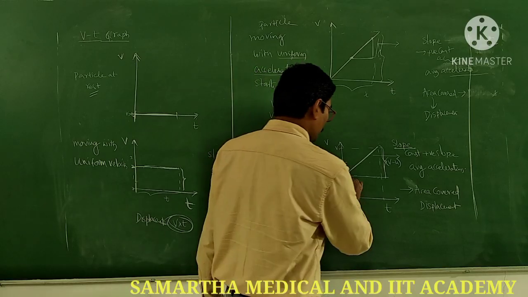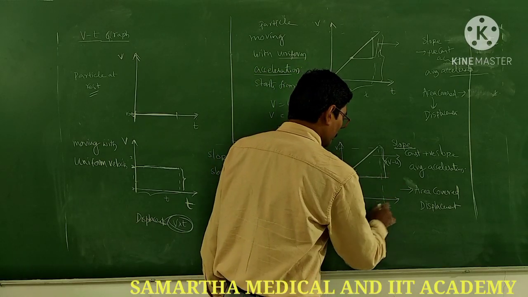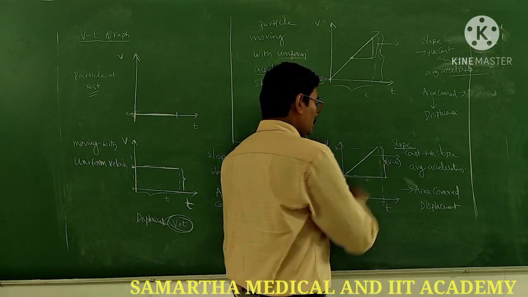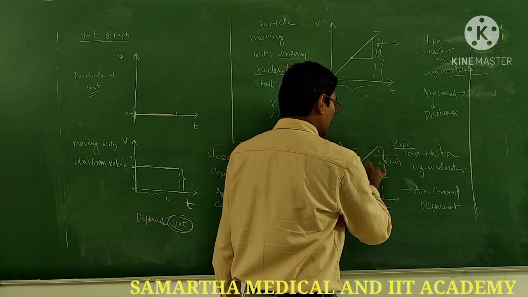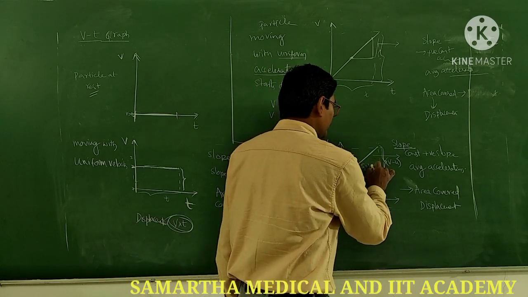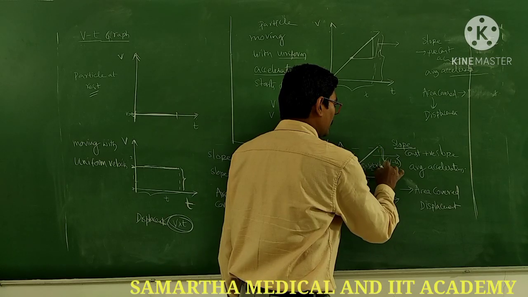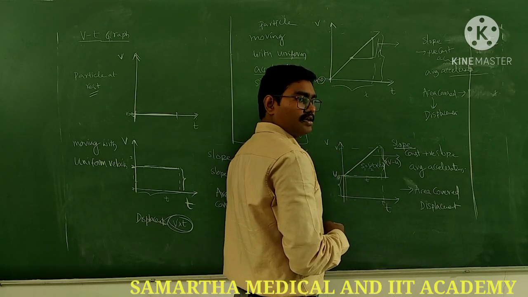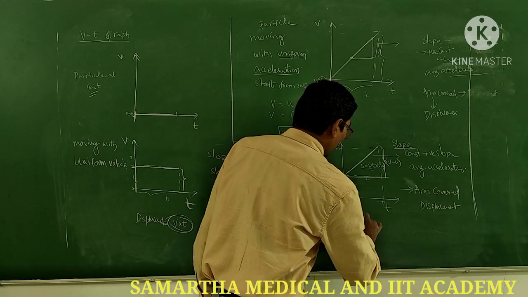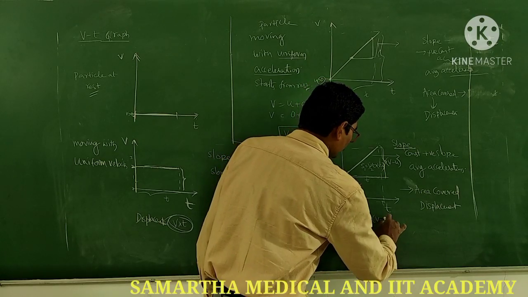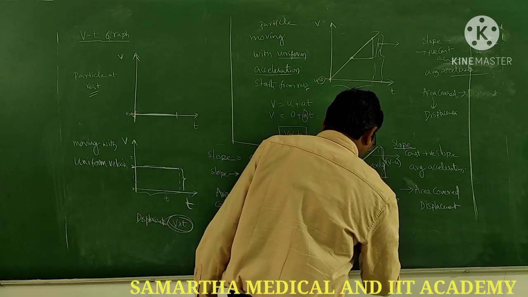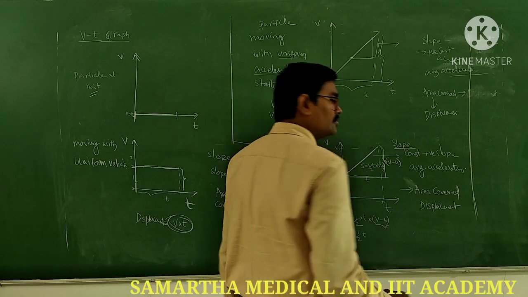Correct? And what about this coordinate? 0 to t, time taken. So this is t. So the area covered for the triangle, S1, is equal to half base into height: half t into v minus u.